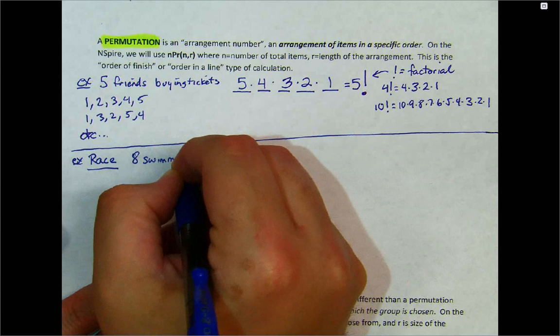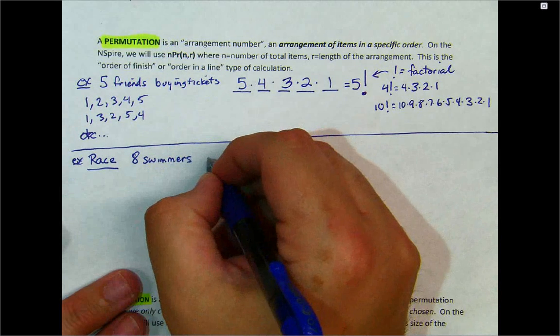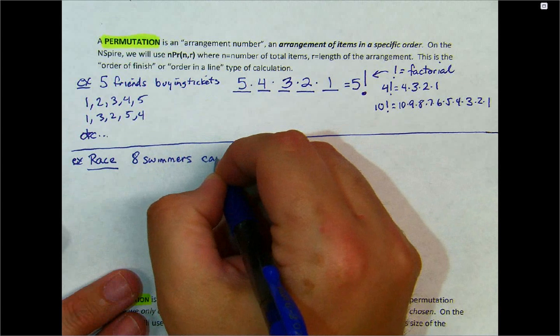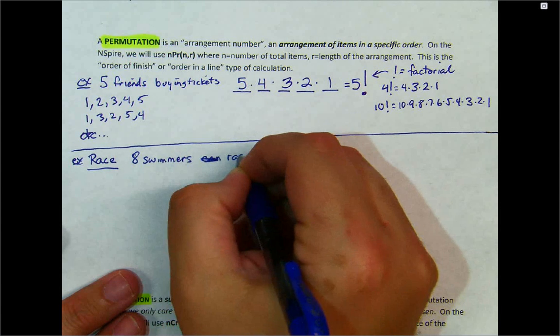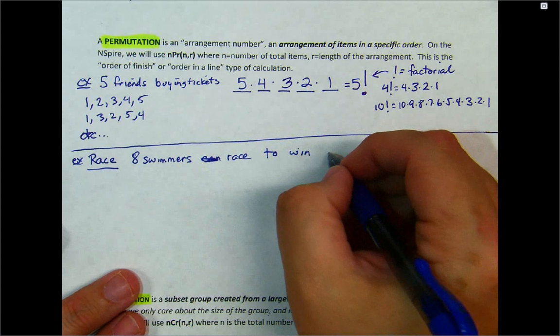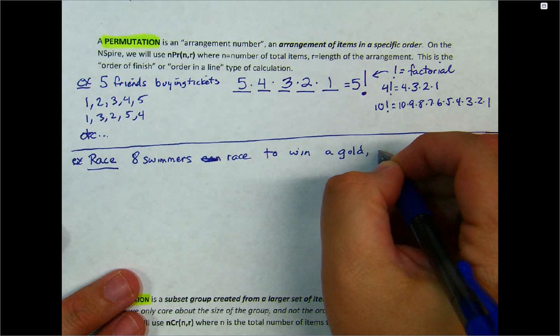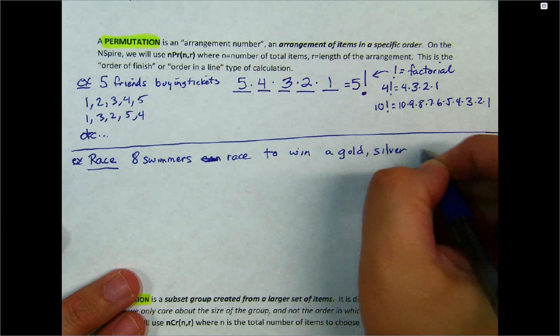I use swimmers because I coach swimming. 8 swimmers race to win a gold, silver, or bronze medal.